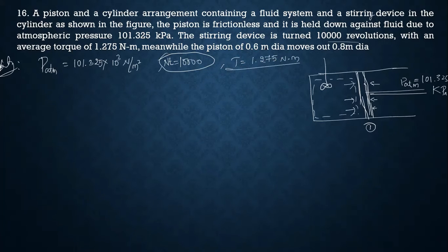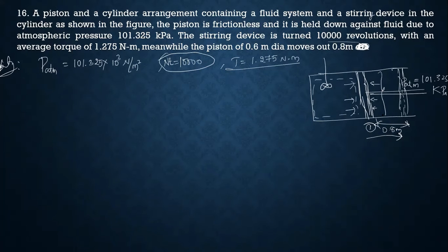Meanwhile, the piston of 0.6 meter diameter moves out 0.8 meter. That means it moves out to this side. This distance moved out is 0.8 meter.